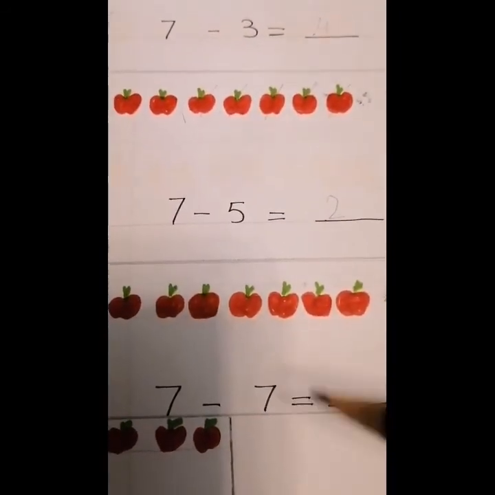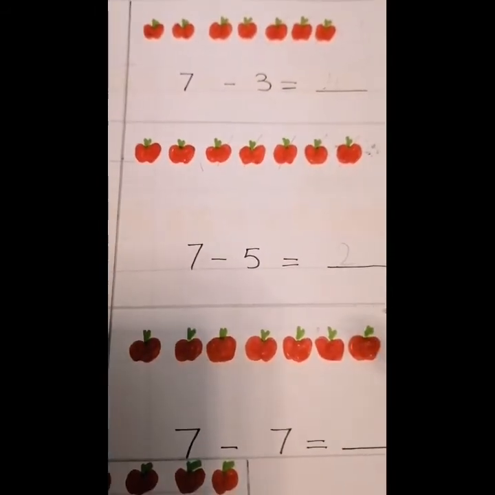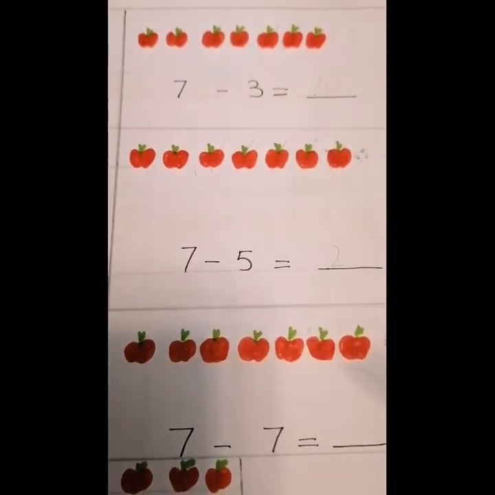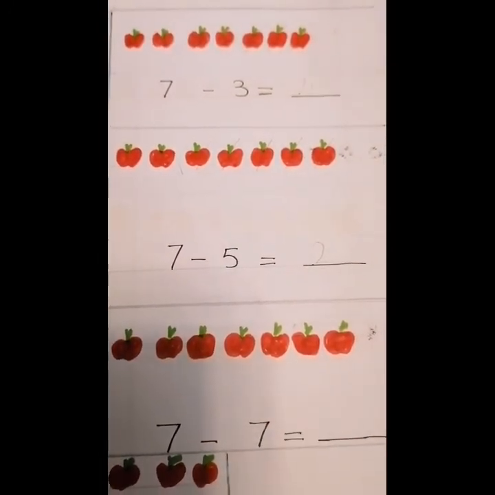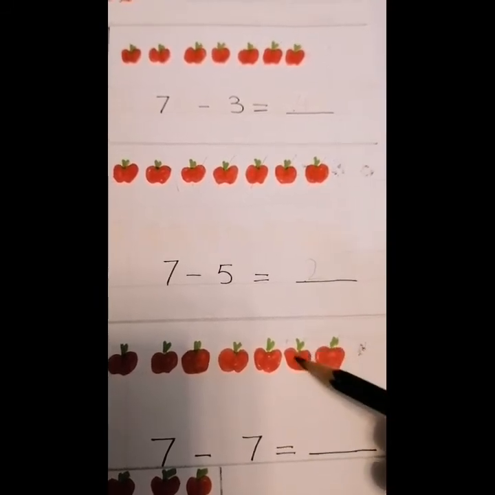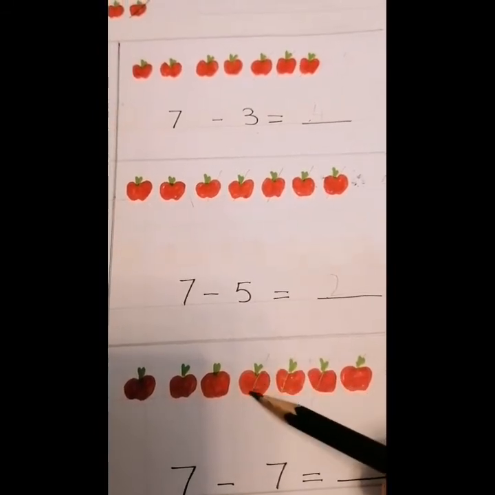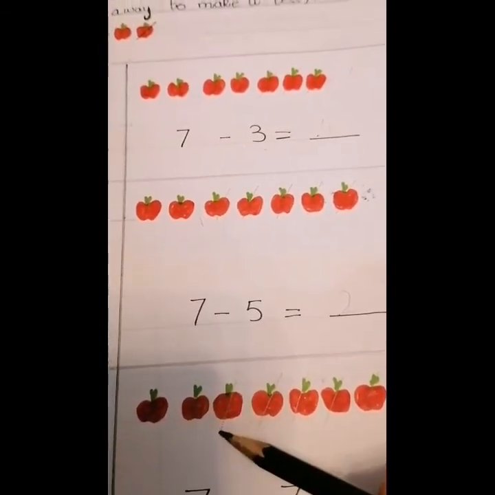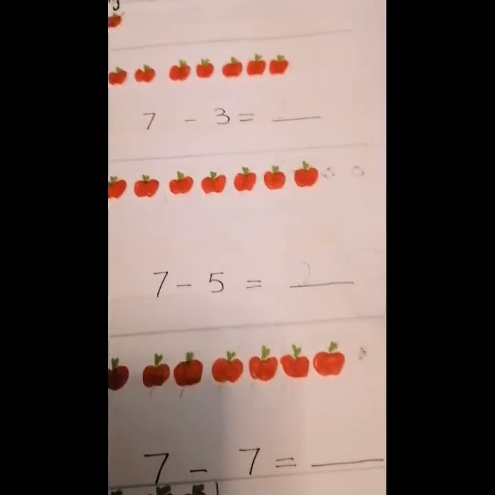Here 7 minus 7. So out of these 7 apples, we have to subtract how many? 7. Let's cut out 1, 2, 3, 4, 5, 6, 7.